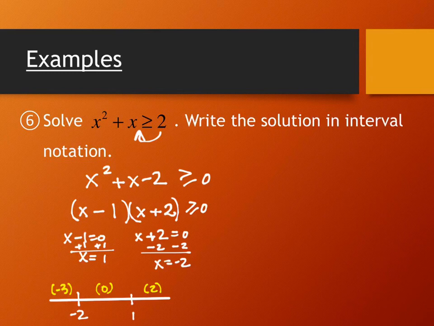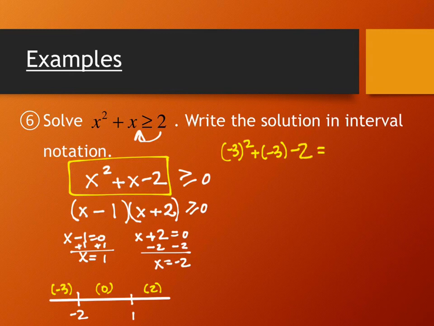And then what you do is you put them into your inequality. And what you want to know is, do I get a positive number or do I get a negative number? So for instance, if I put in -3, if I do -3 squared plus -3 minus 2, well, -3 squared is 9. 9 minus 3 minus 2, I get a positive, right?